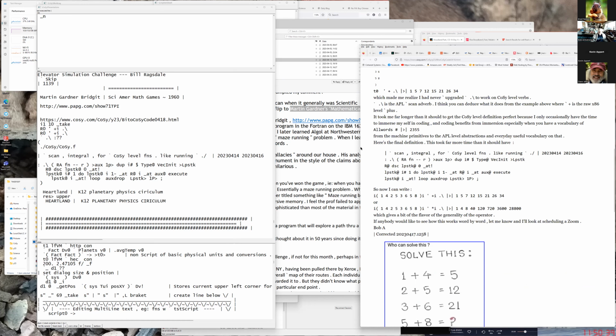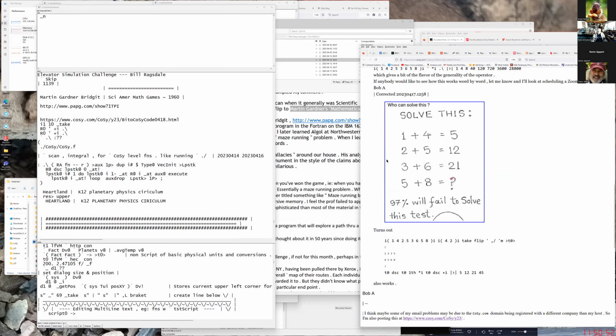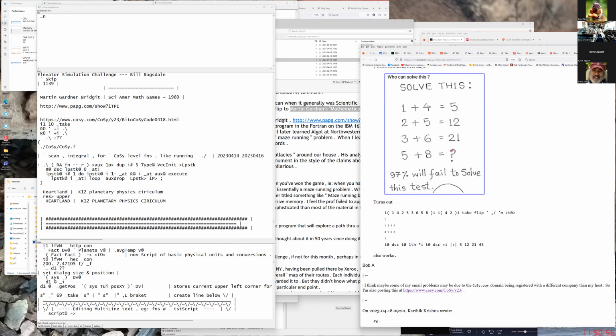But one other function, and this one is important, illustrates a lot of very important vocabulary. This problem was posted on Facebook.